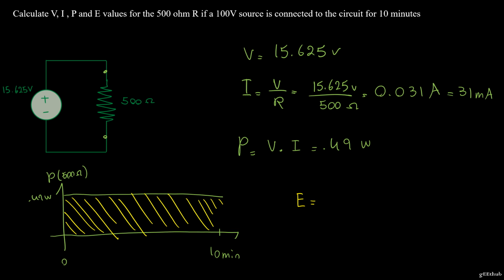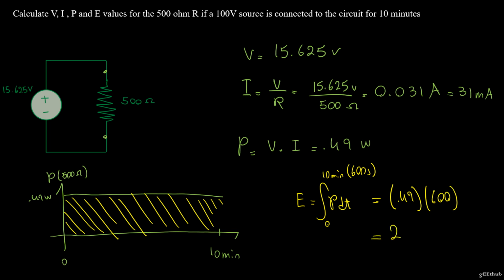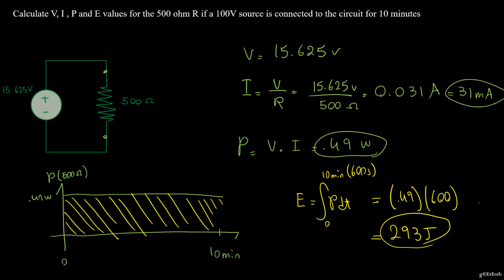So my energy, which is integral P dt from 0 to 10 minutes, just 600 seconds, is just the area of this rectangle. So 0.49 times 600, which is equal to 293 joules. So we got all our values of power, energy, current, and voltage.